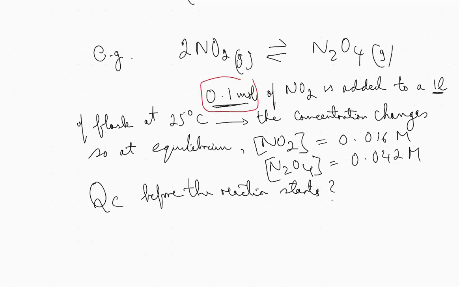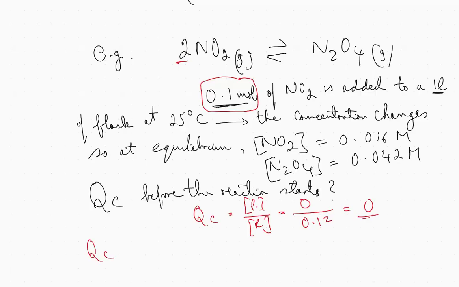Qc equals product concentration over reactant concentration. We don't have any product there, right? 0. Then we had 0.1, and then stoichiometry is 2, so you raise to the power 2. But does it matter? Because when you divide 0 by anything, you get 0. So Qc was 0 at the beginning. Then when you say it has attained equilibrium, because we are told, then we know Kc. So the question is first, what was Qc? Qc before the reaction starts, we get 0.